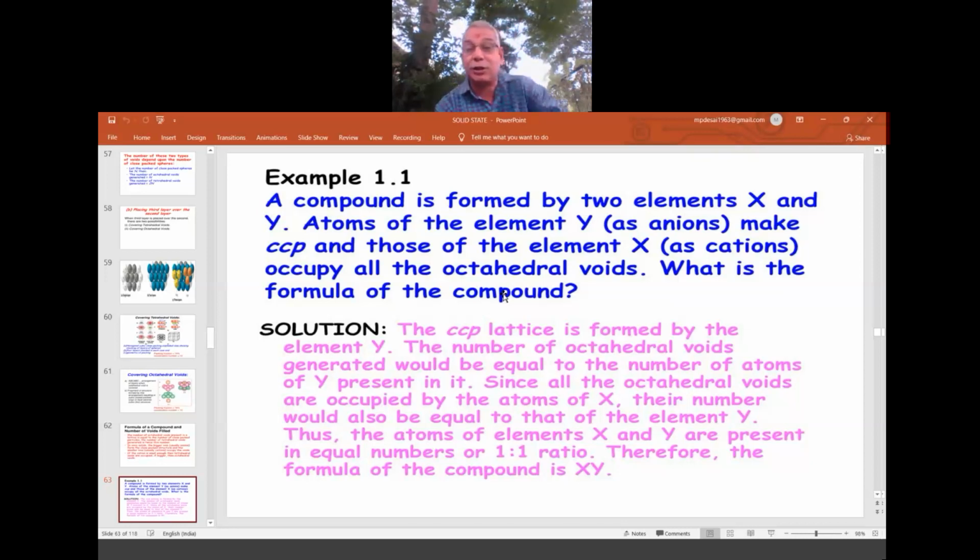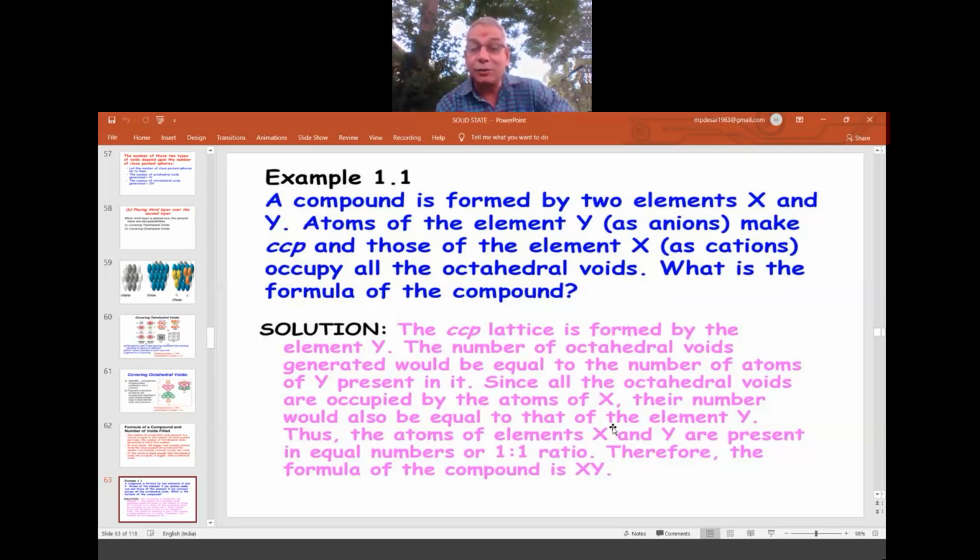See the solution here. The CCP lattice is formed by the element Y. The number of octahedral voids generated would be equal to the number of atoms of Y. Since all the octahedral voids are occupied by the atoms of X, their number would also be equal to that of the element Y. That means here X and Y are equal.